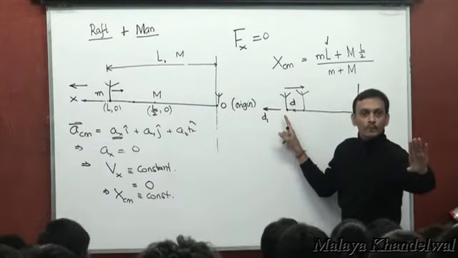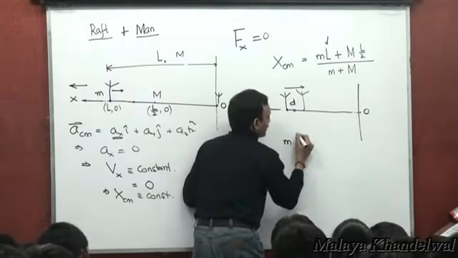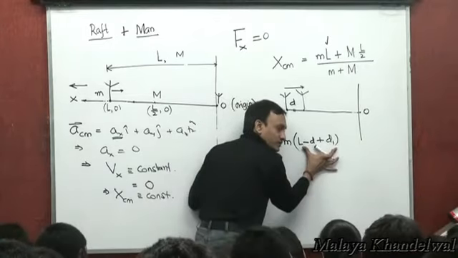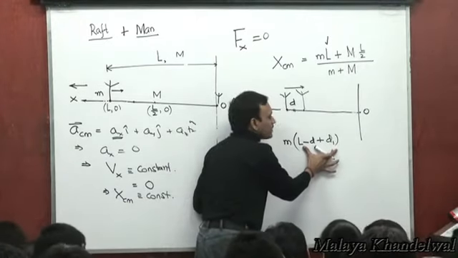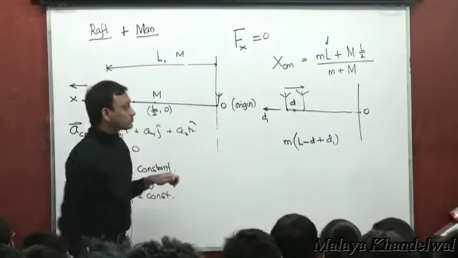No? So the final x coordinate of the man, small m, is L minus d if the raft did not move, but the raft had to respond, so it responded d1 units in the opposite direction, leading to the final x coordinate of the man being L minus d plus d1, right?